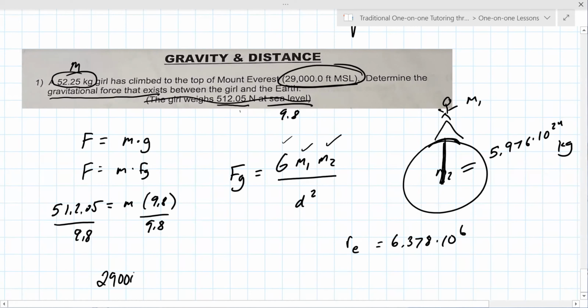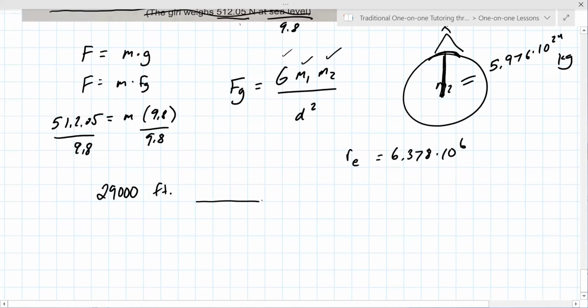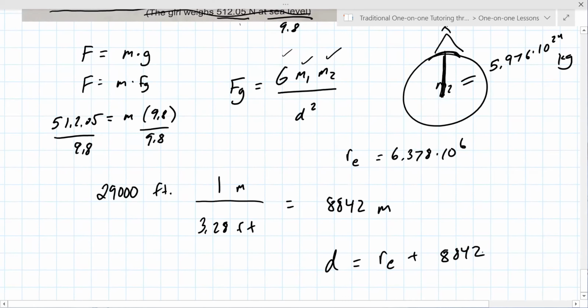It's 29,000 feet times, and you had this conversion, I don't know if this will be given, 3.258 feet to 1 meter, and that gives you about 8,842 meters. So the distance between them is the radius of the Earth plus the 8,842 meters. Right, it's the radius of the Earth plus the height of the mountain here.